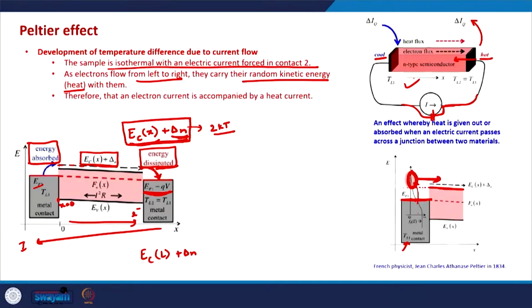So, because of an applied voltage, because of a current being forced in contact 2, there will be a heat current as well in the system, and that is essentially the underlying mechanism of the Peltier effect, which is the development of a temperature difference due to current flow, which means that a net heat current is also produced because of current flow in the system.